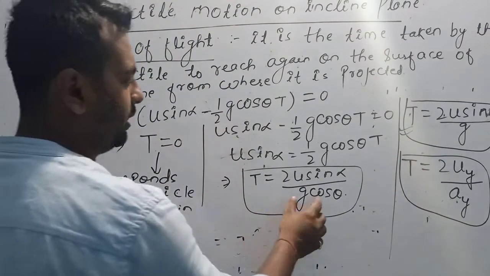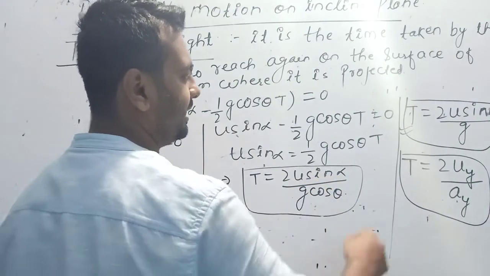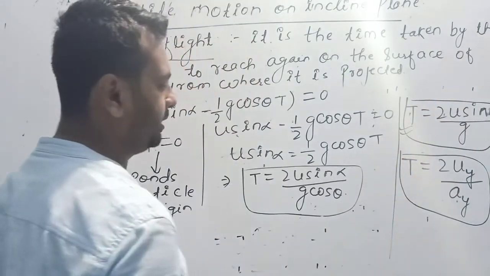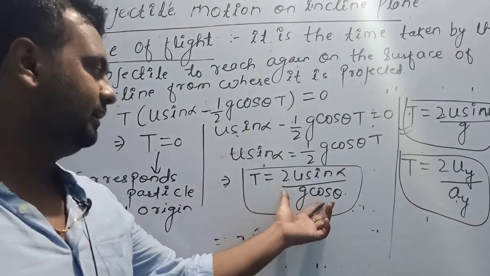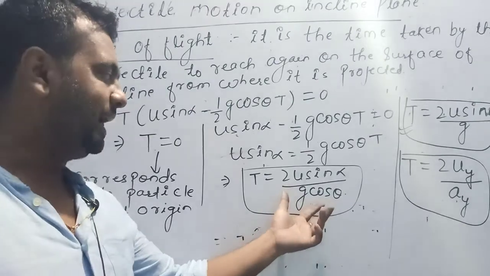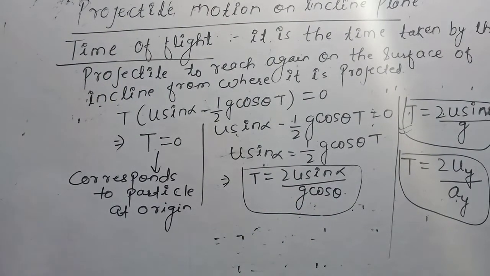Compare these two formulas. In the numerator, it has the y component of initial velocity. In the denominator, it has the y component of acceleration due to gravity. So time of flight is calculated.